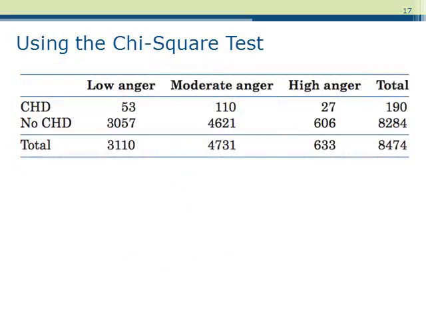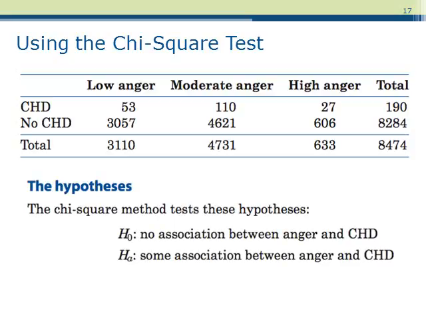Here is our two-way table with the column and row sums given. Recall we will use these values to compute the expected cell counts. The table total is 8,474 as there are 8,474 subjects. Here are the null and alternative hypotheses.